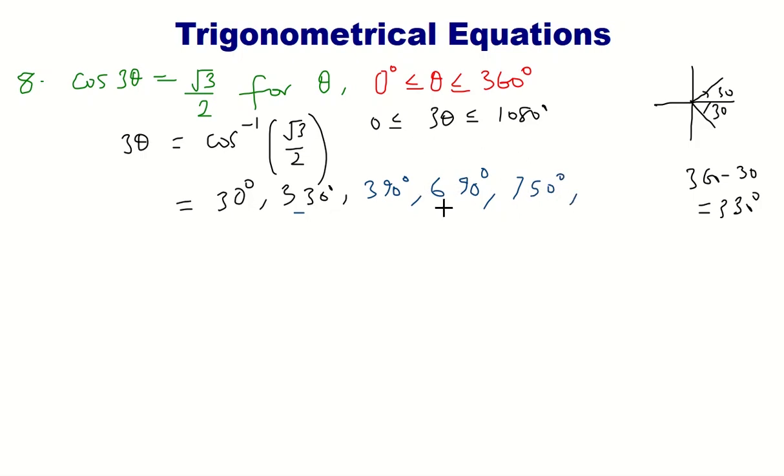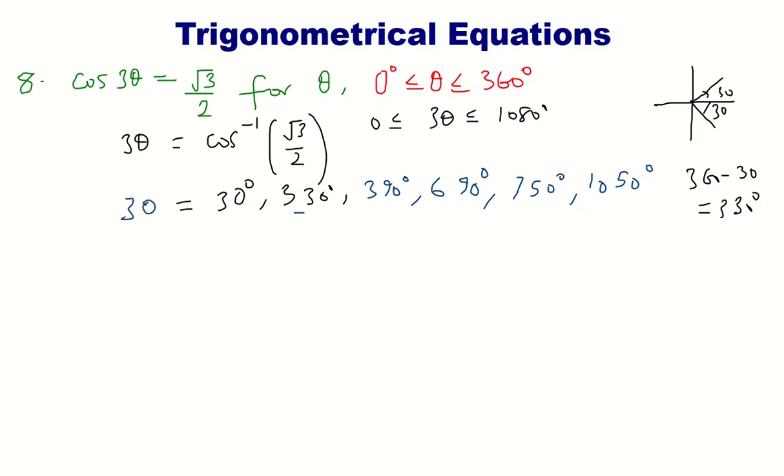When we add on this, what do we get? We get 1050 degrees. I think you can see that when we continue and add, this may go beyond the 1080 for the 3 theta.